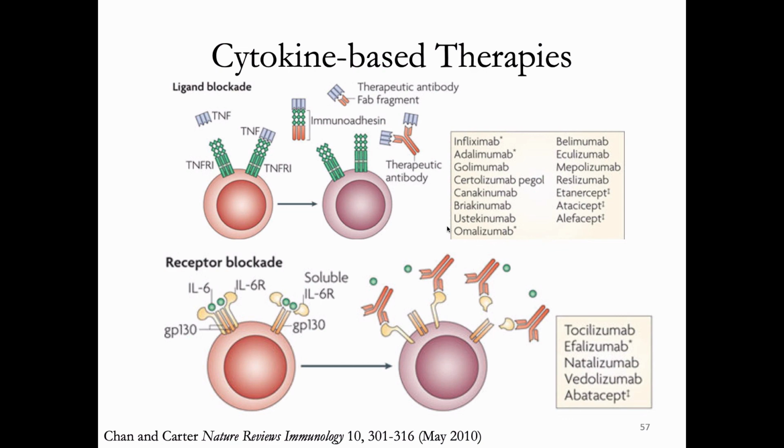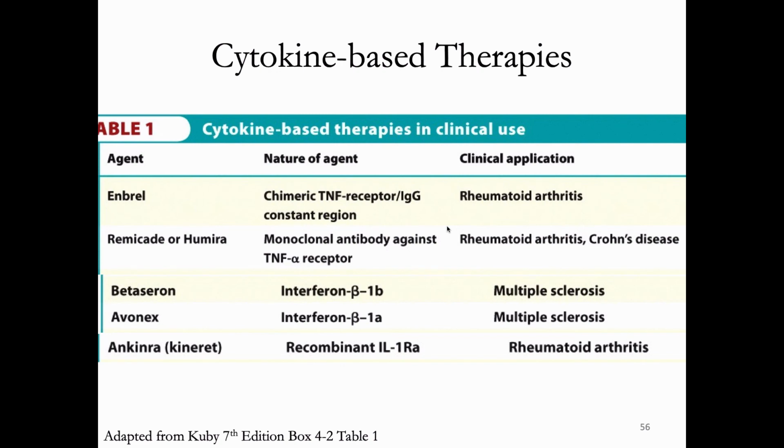We don't see the inflammation effect of the TNF. There are other examples where we can either have the cytokine get all bound up, or there are some where the antibody binds to the receptor so that you can never get signaling between the cytokine and the receptor. And there are tons of these, as you can see.